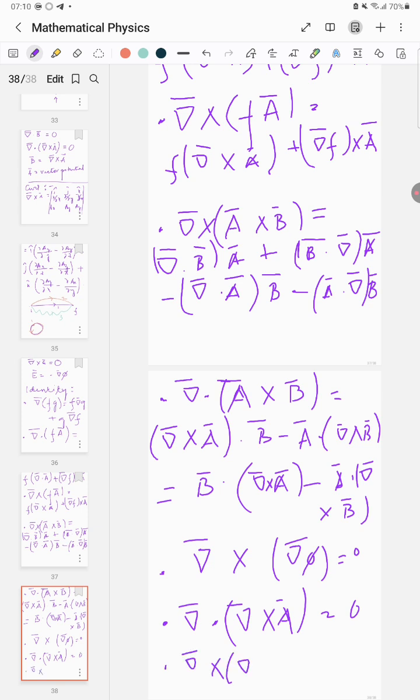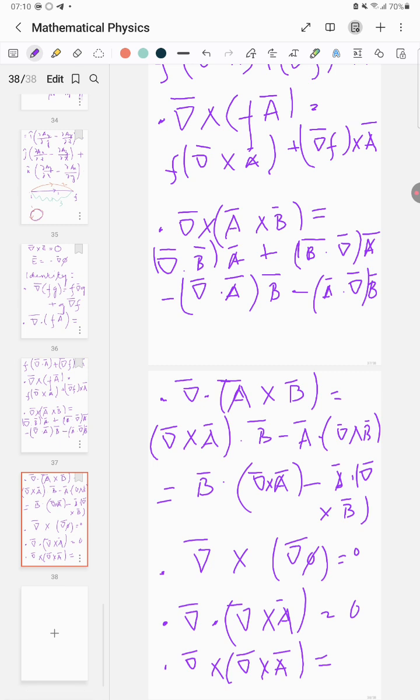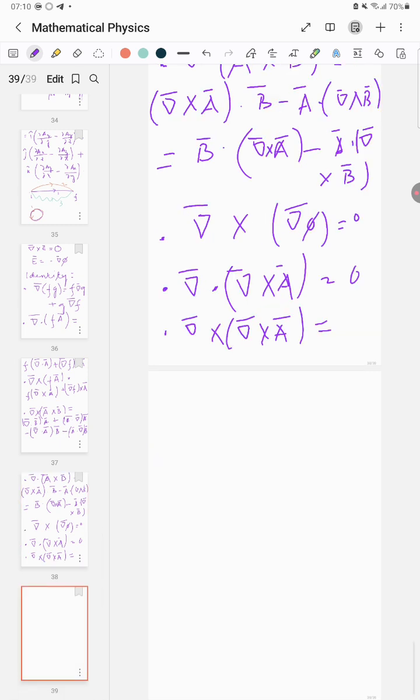Curl of curl of a is equal to del into divergence of a minus del square a.